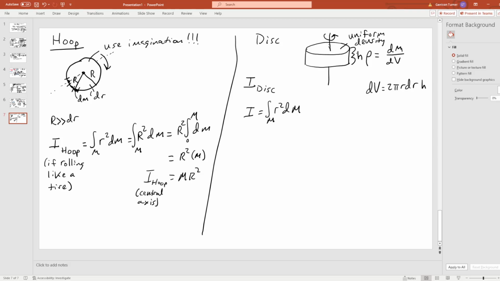And this 2 pi r dr is your area element of the circular face.